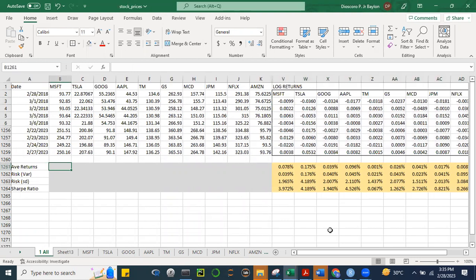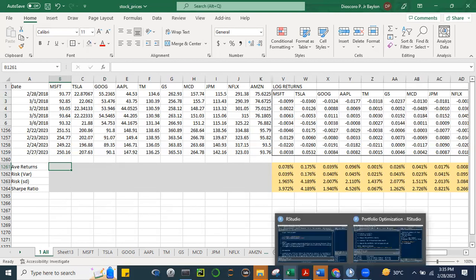Okay, I'll give you a few seconds, class, maybe 1 minute, to try to see if we can compute for the log returns without having to generate these columns. What we did here was to generate the log returns per period. Tapos saka natin kinuha yung average. All right, I'll give you a few minutes, 2 minutes maybe.